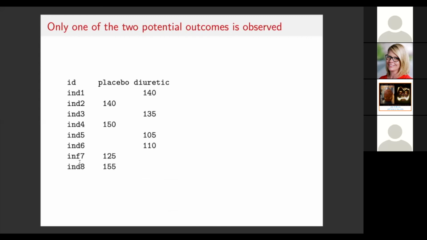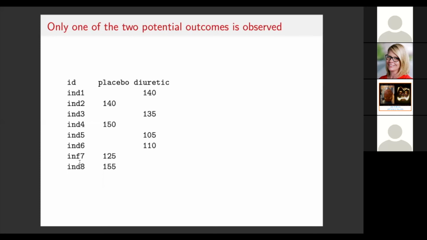And as anybody who has done imputation knows, in order to make an imputation, you have to make some assumptions, whatever they might be. And some people might be uncomfortable making those assumptions, or at least you would want to be cautious or thoughtful about what assumptions you need to make in order to fill in this missing data.